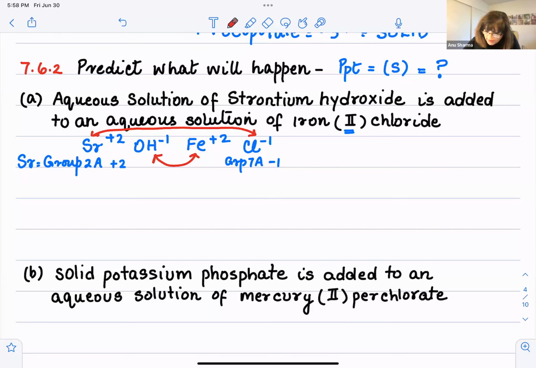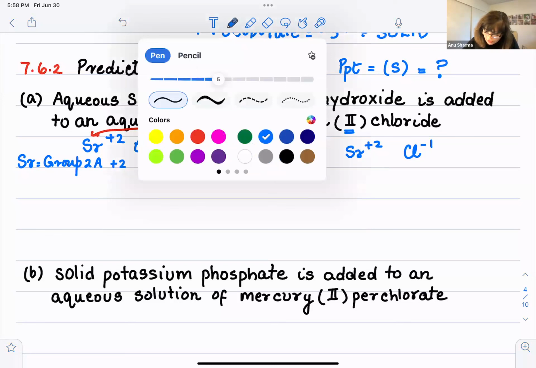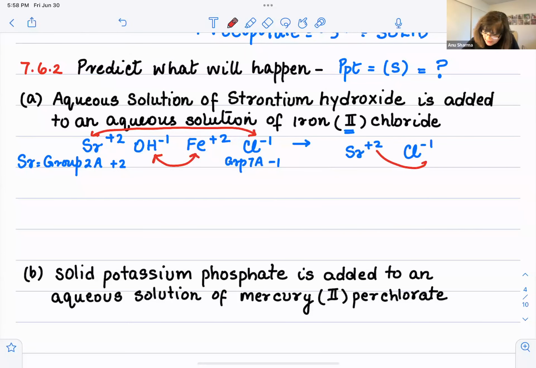Strontium in its +2 state combining with chlorine -1 state: crisscross, this number comes here and this number goes here. So you get SrCl2.